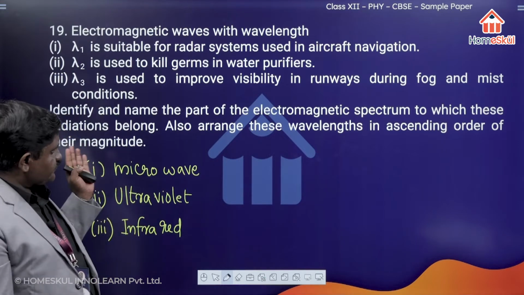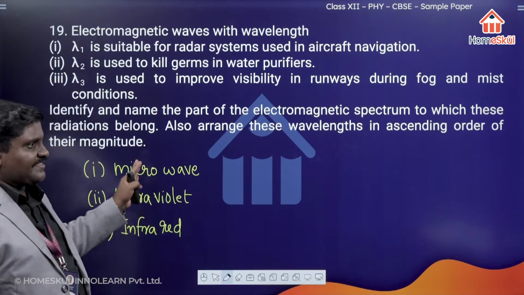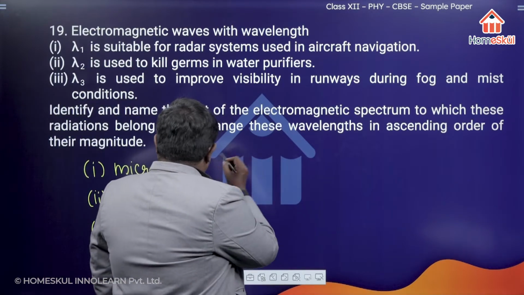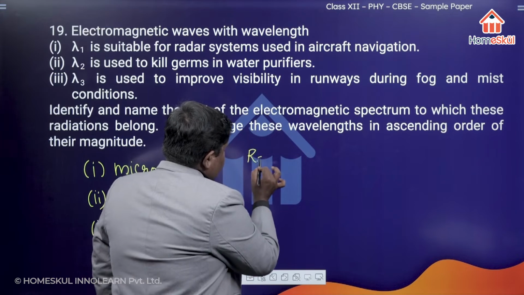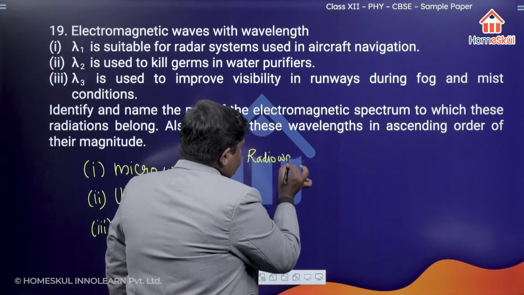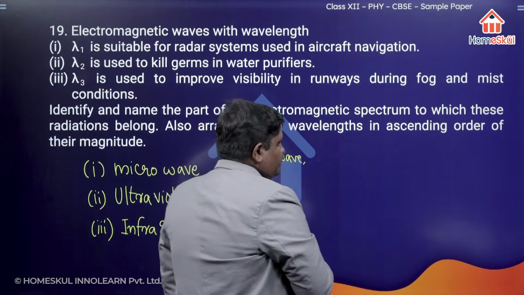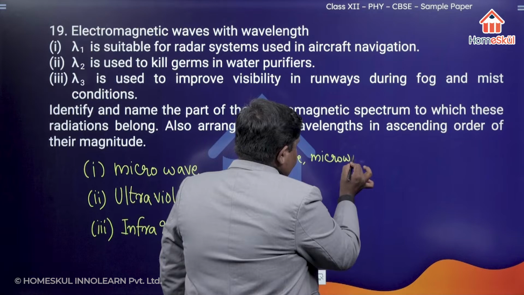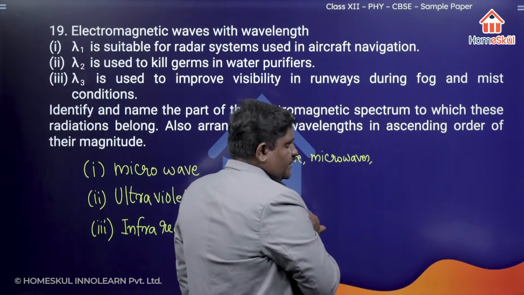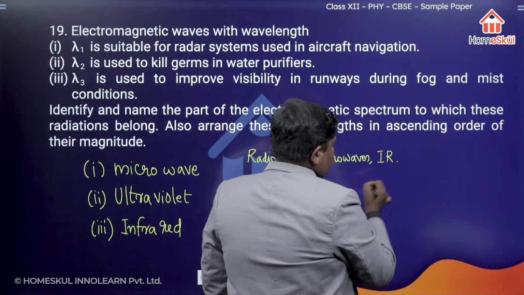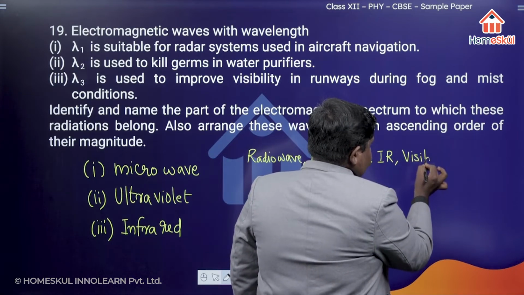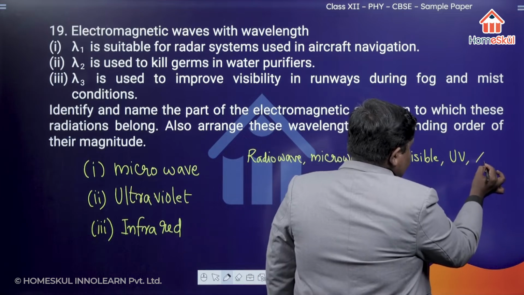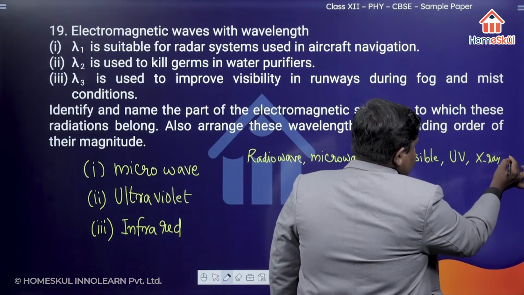So we have the electromagnetic spectrum as radio waves, then microwaves, then IR, visible, then UV, X-ray, and gamma.